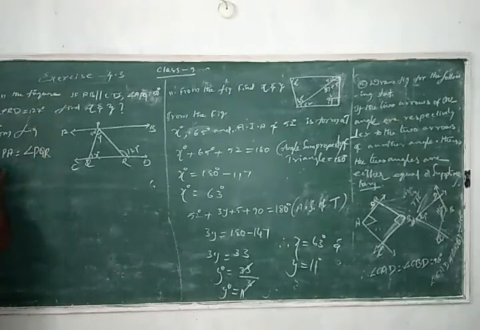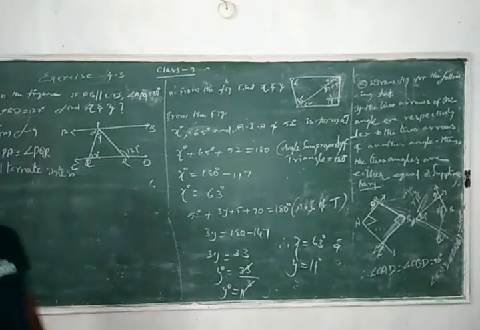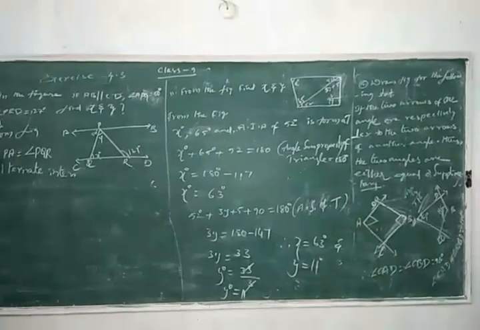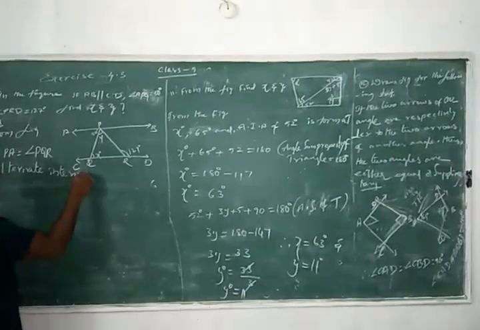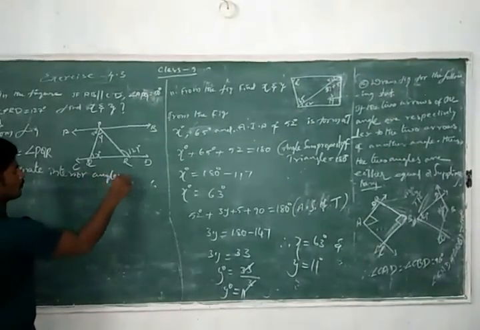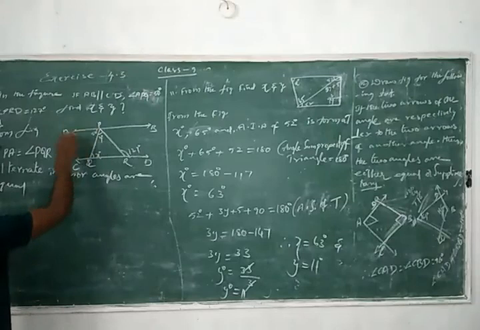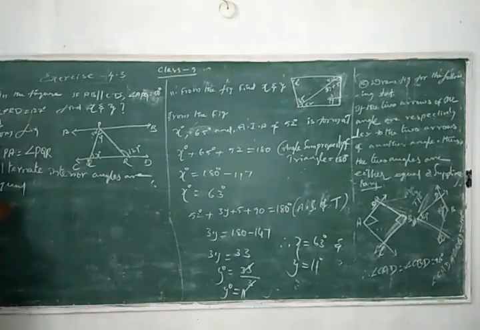So I'm writing here, alternate interior angles are equal. So now angle QPA is 50 and angle PQR is x. Therefore x is equal to 50 degrees.